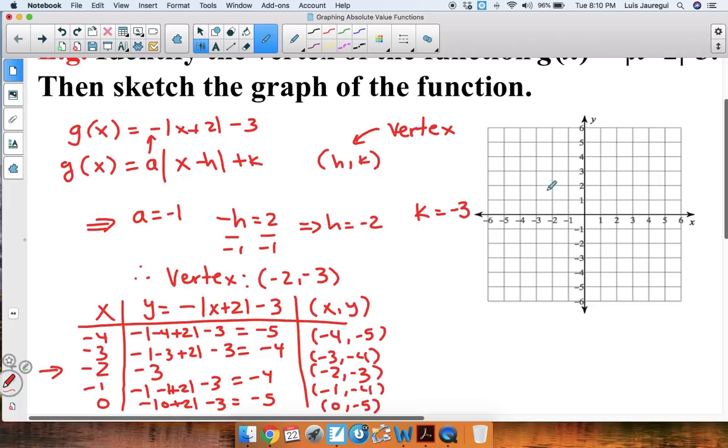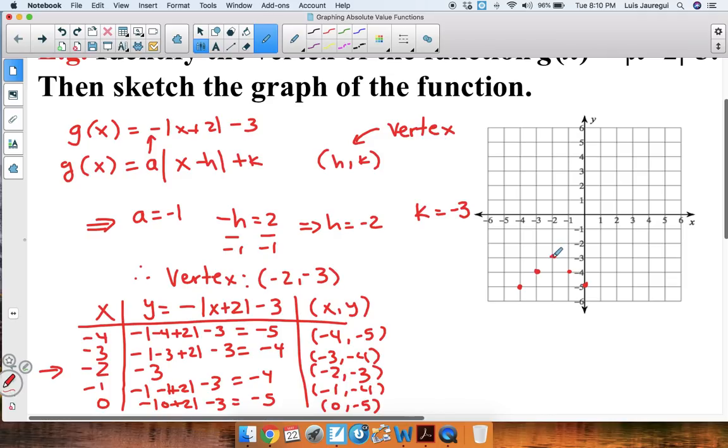So plotting those points, we can do a quick sketch real quick here. So we have -4, comma -5. Then you have -3, comma -4. We also have -2, comma -3, -1, comma -4, and 0, comma -5.